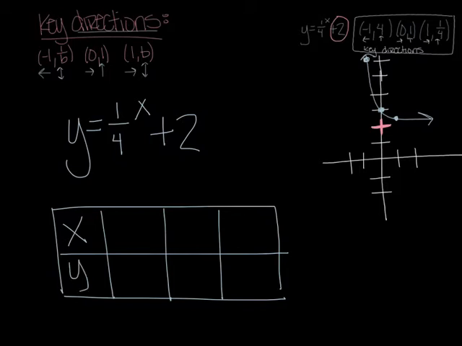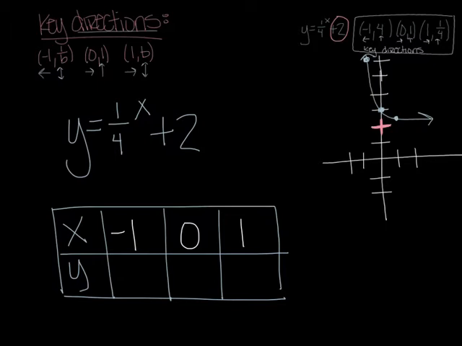And let's take a look at the key points that we were working with. We had the x values of -1, 0, and 1. So we'll plug these in.